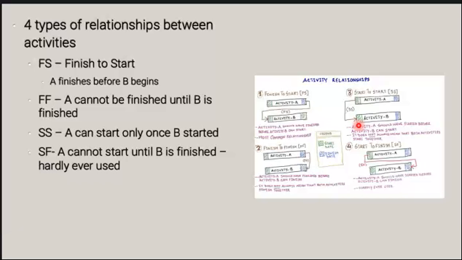The last one that I have is start to finish. This is a little bit tricky one, and I don't want to focus on it too much because it's very rarely used, and there is no reasonable example that I can provide you, and I would recommend that you refrain from using it.